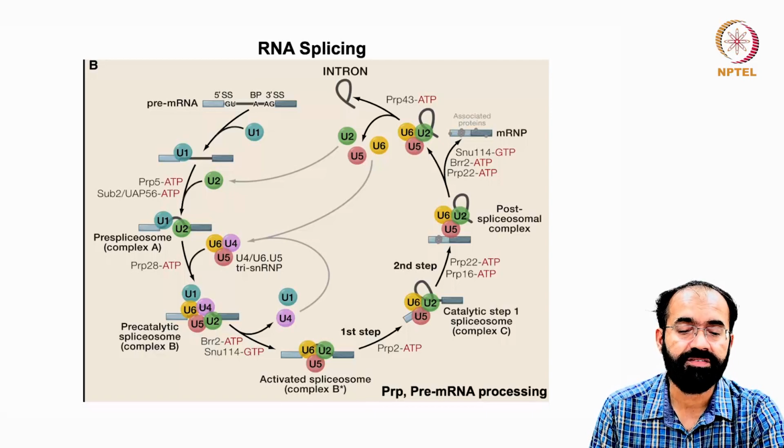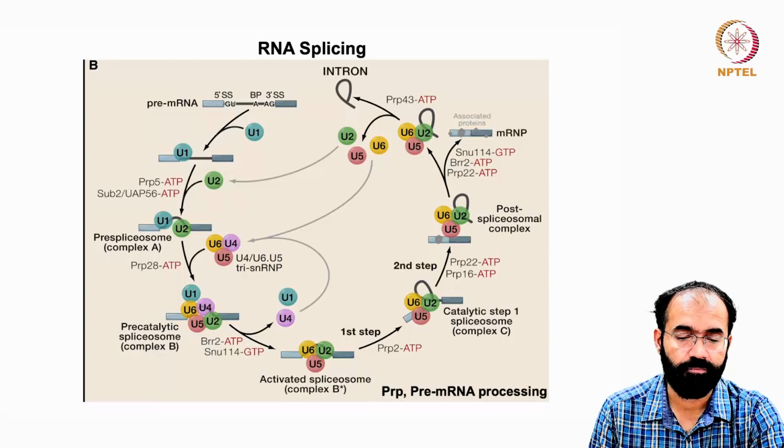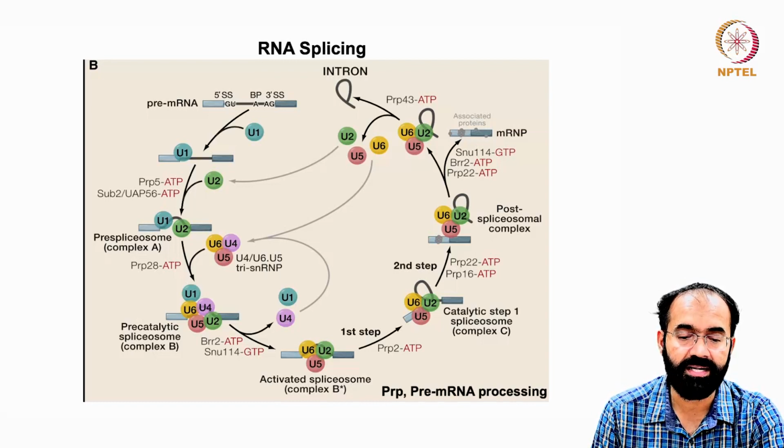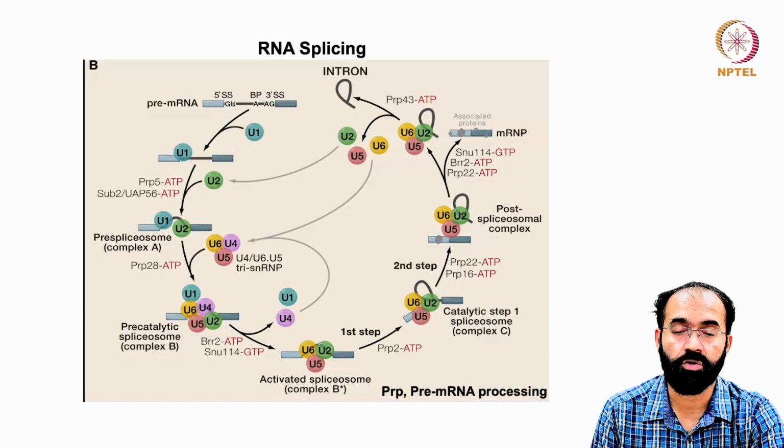And let us revisit the RNA splicing. So what happens? In a pre-mRNA, you have intron and exon, and the intron and exon boundaries are specified, and you have the incorporation of U1 at the first exon-intron boundary, and then incorporation of U2.